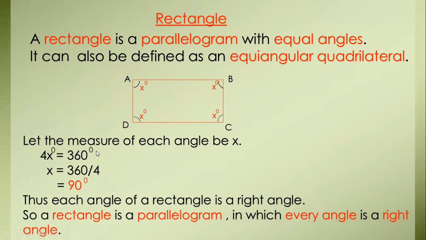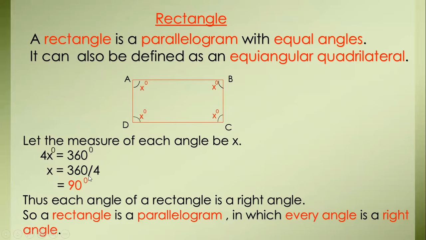We already know the sum of the interior angles of a quadrilateral is 360 degrees. Four sides are there. We can use the formula n minus 2 into 180. That is 4 minus 2 into 180. 2 into 180 is 360. So x plus x plus x plus x, 4x is equal to 360.